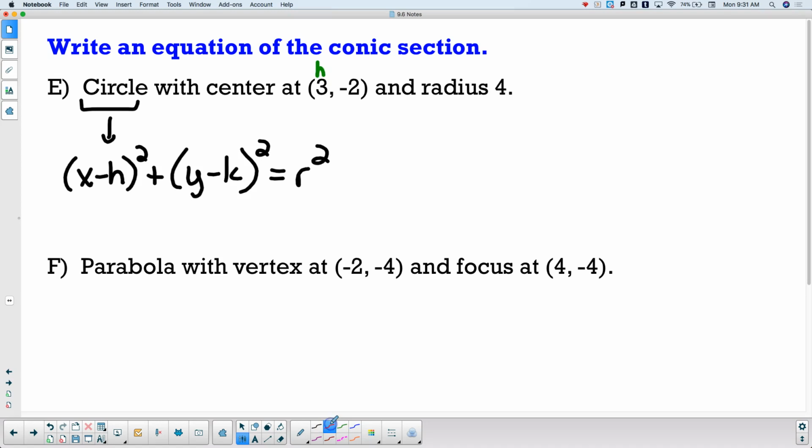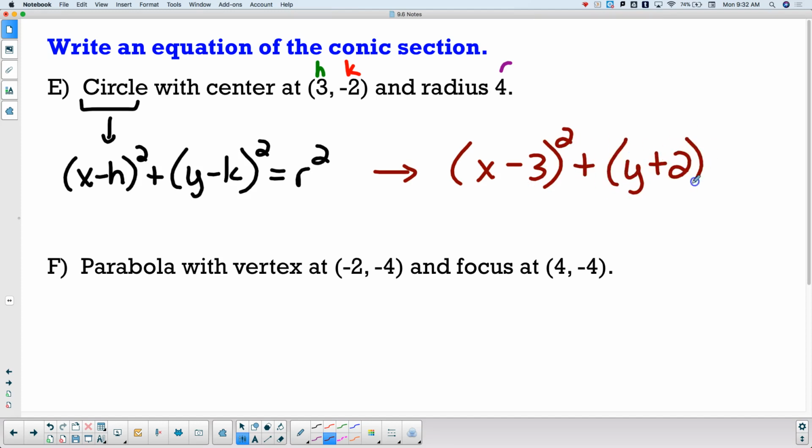What's k? -2. And what's r? 4. So we can put that into play, and we can say that this is (x minus 3) quantity squared plus (y plus 2), because really it's minus -2, quantity squared, equals 4 squared, which is 16.